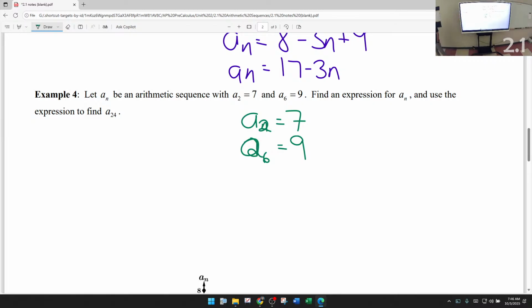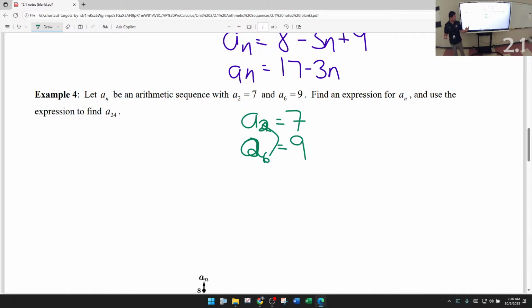They didn't tell me what D was. But I don't think it's an overwhelming brain buster to figure out what the heck D is. Because in between 2 and 6, that's how many integers or how many whole numbers? 4. And in between 7 and 9, it's going to be a 2. And so to get 4 digits to 2, I think D is going to be 1/2.